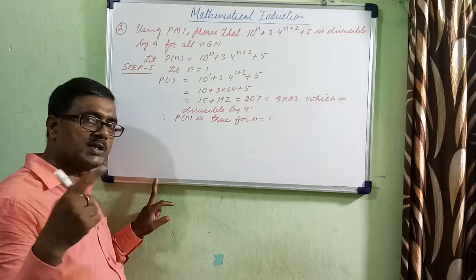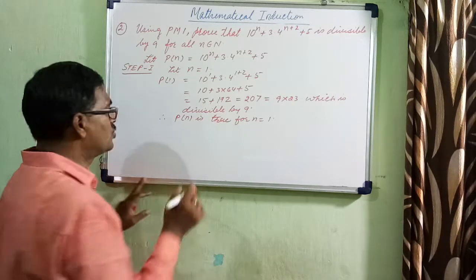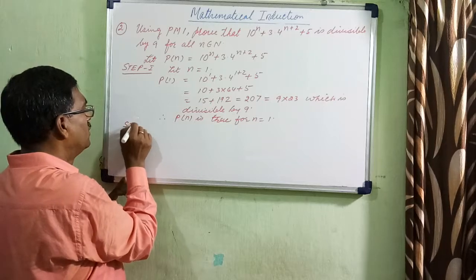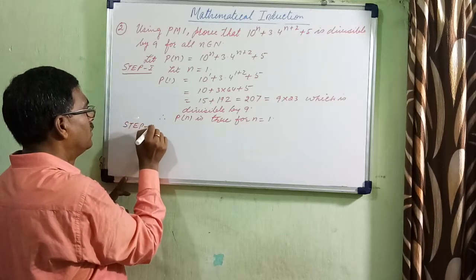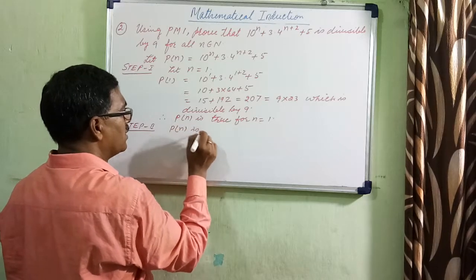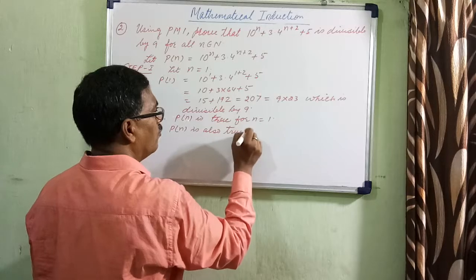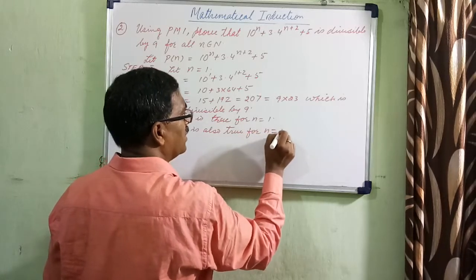Same way we will go for the second case, that n is equal to m; we will take for granted that it is true. So for step 2, Pn is also true for n is equal to m.